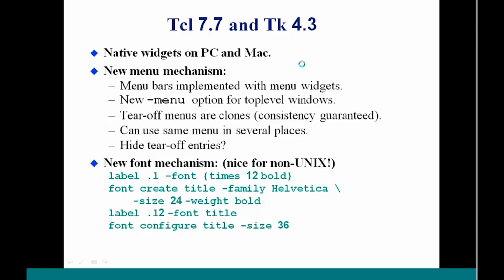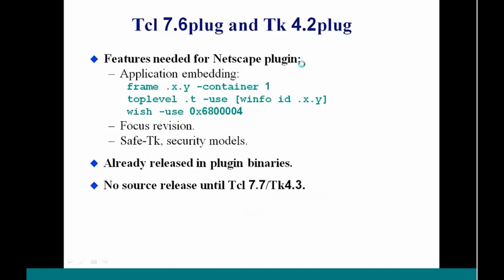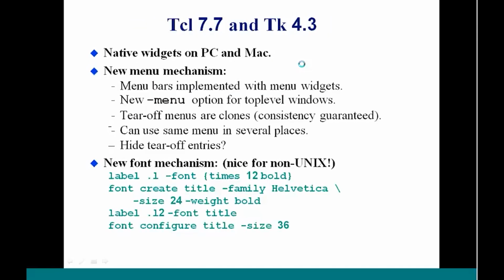But after 7.6, 7.7 came into being, and Tk went from 4.2 to 4.3. Here we had native widgets on PCs and Mac. There's a new menu mechanism essentially. The menu bars are implemented with menu widgets.